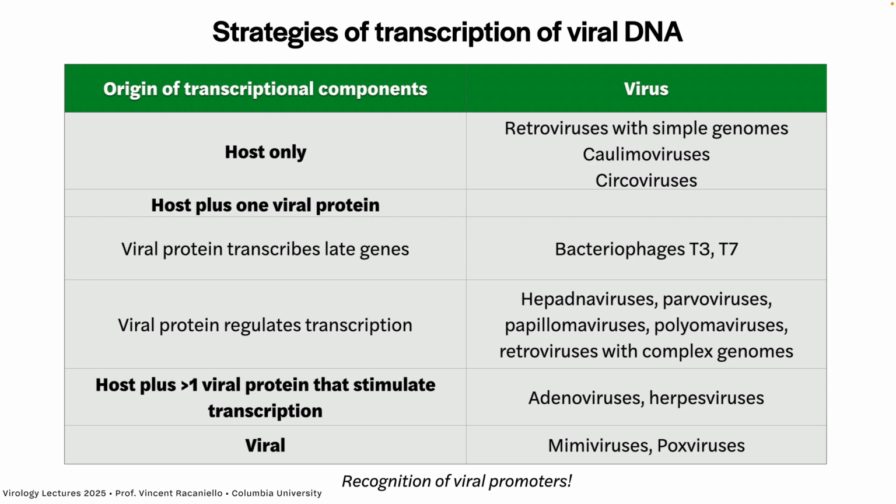Now, a key thing here is that if a virus is going to be transcribed only by the host, the host needs to recognize viral promoters. So for these viruses, these promoters have to be recognized by the host. In some cases, there is a viral protein made that allows the host to recognize viral promoters, and that includes the herpes viruses.